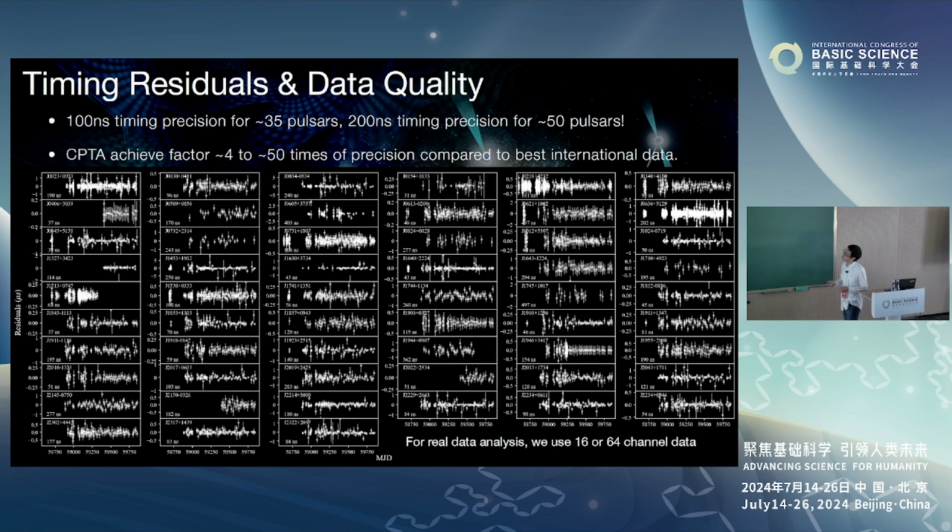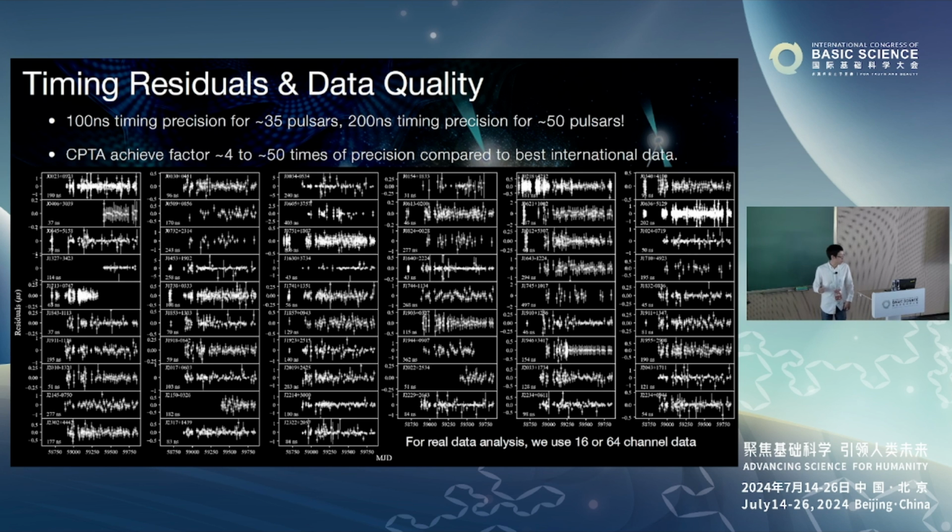And here I give you a summary of the timing residuals. This is what the final averaged timing residual looks like. For the summary of the timing precision, we have 35 pulsars that can be timed to a precision of about 100 nanoseconds. And in total, we have about 50 pulsars that can be timed to 2 nanoseconds.